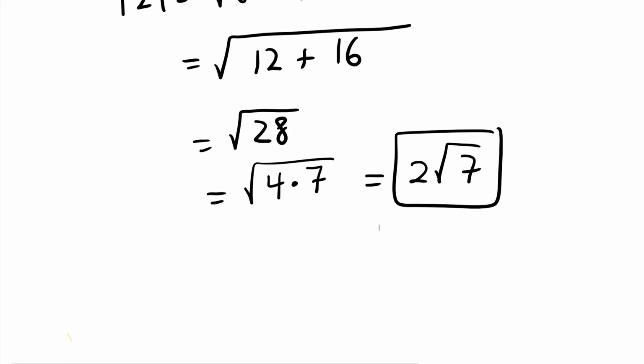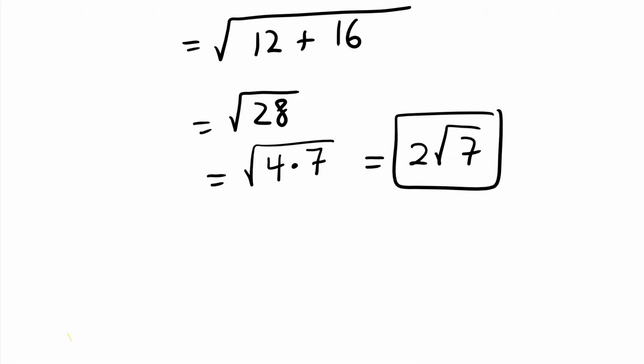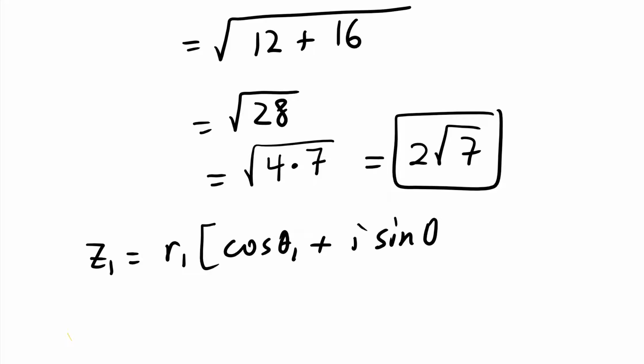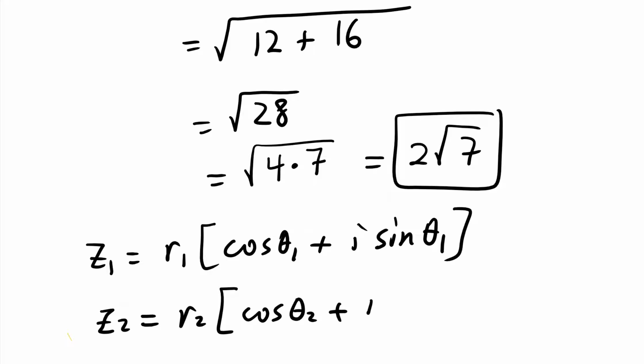Also good to recall, if we are given z1, let's call it r1 cosine theta 1 plus i sine theta 1, z2 is r2 cosine theta 2 plus i sine theta 2.